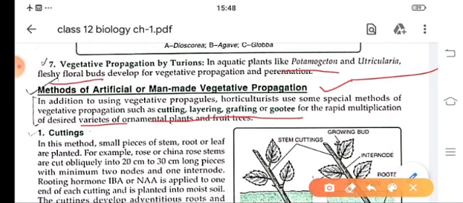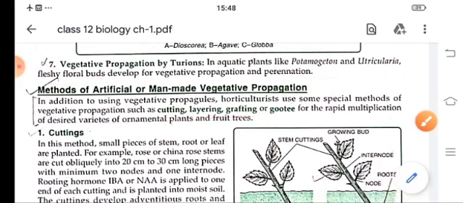So why are they important? Because from this type of propagation we get a number of varieties of plants and the yield of these plants also increases.